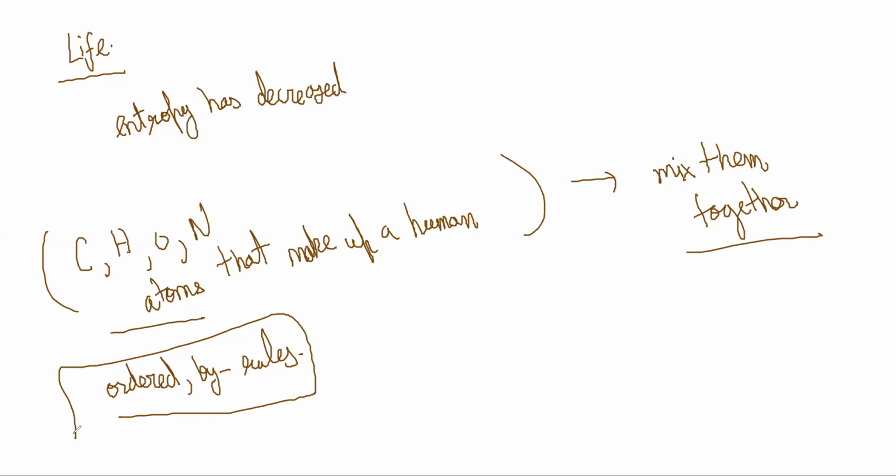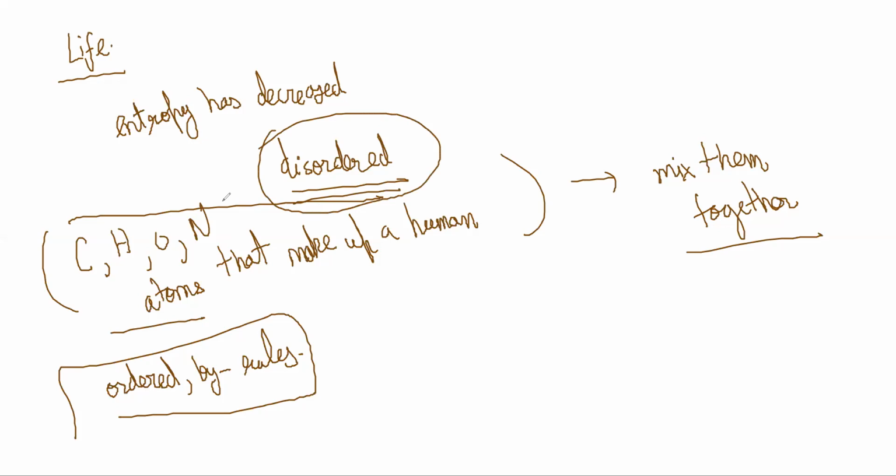It cannot be that carbon and hydrogen are doing whatever they want, that would be a disordered state. So when death happens, it becomes disordered. Everything decomposes and becomes the constituent elements, and that is called entropy has increased.